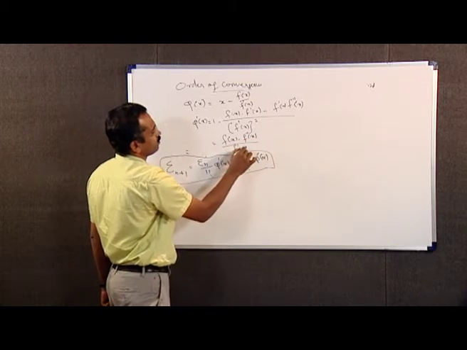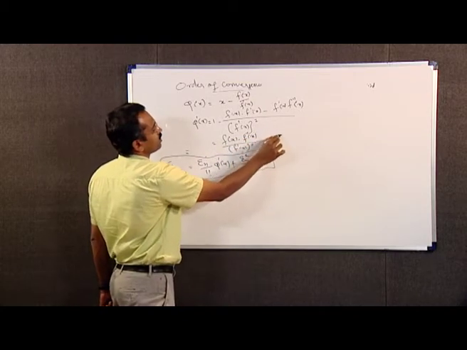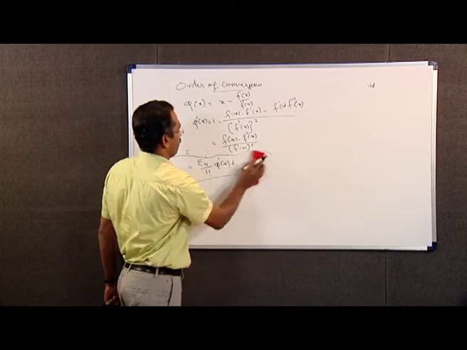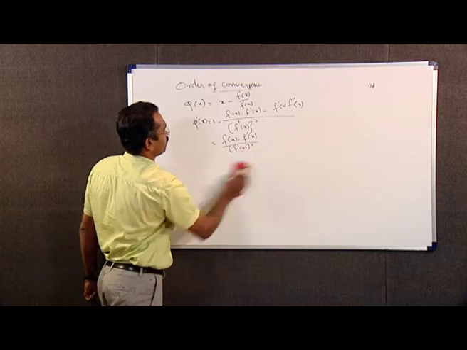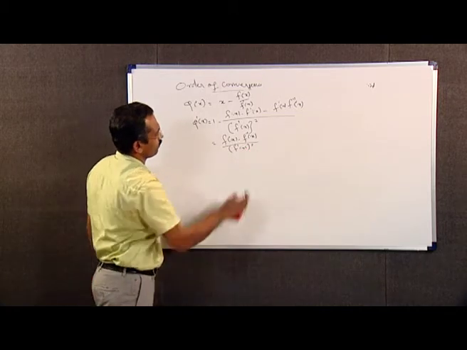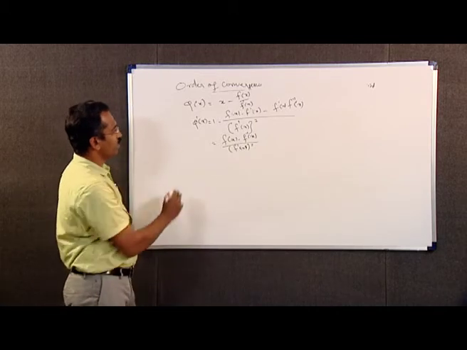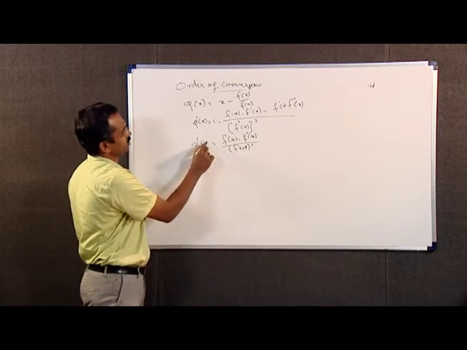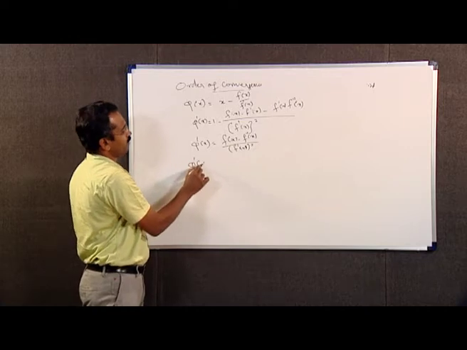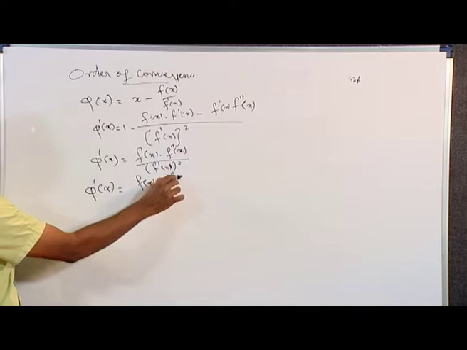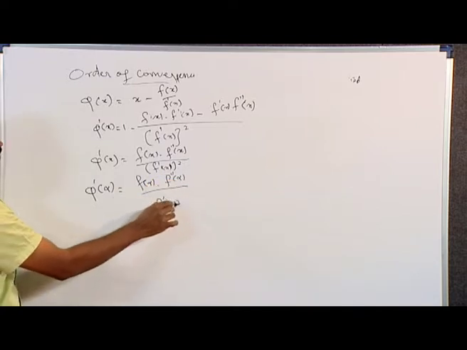Divided by f dash of x square. Now this is phi dash of x. Phi dash of alpha is equal to f of alpha into f double dash of alpha divided by f dash of alpha whole square.